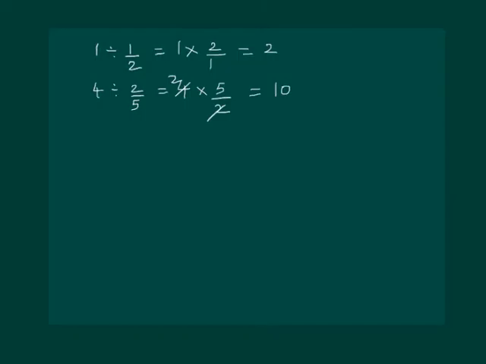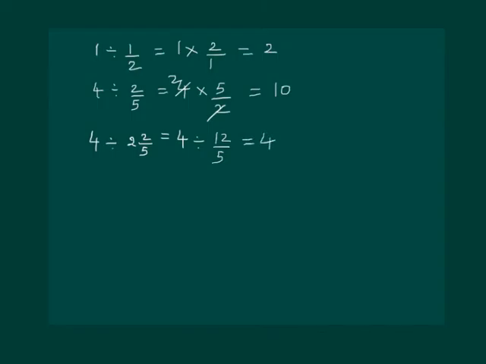Now consider the case if we had 4 divided by 2 and 2 by 5. Firstly, we will convert this mixed fraction to an improper fraction. So we have 4 divided by 5 times 2 plus 2, that is 12 by 5.